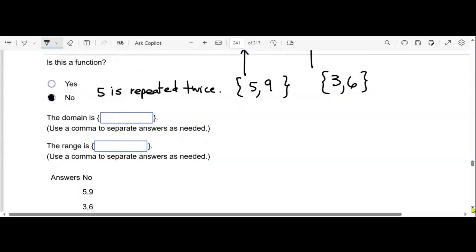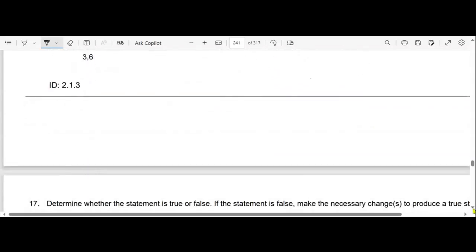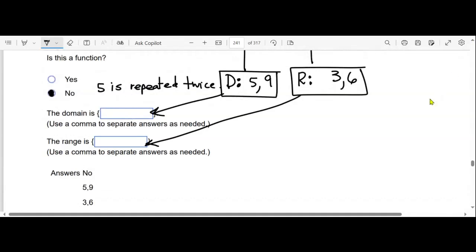Is this clear? Any questions? Okay, move on. Next one.